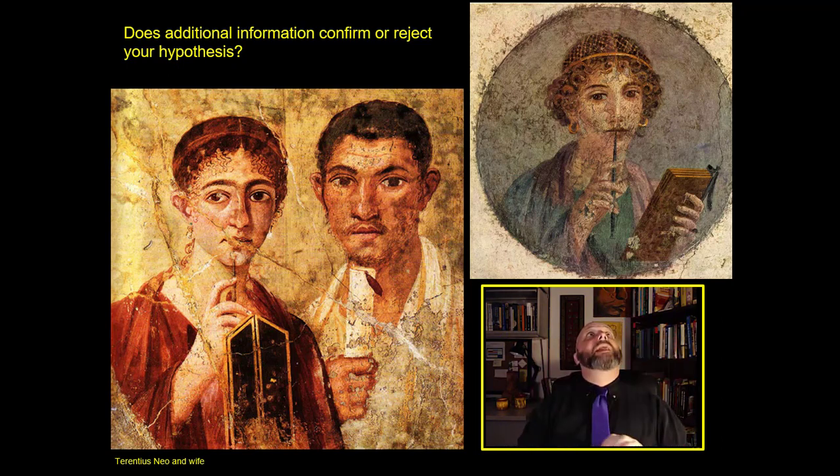Look at the portrait right up above me of this Roman woman. What is being emphasized in her portrait? She is again holding a writing tablet and holding a stylus to her mouth. And she's, of course, emphasizing the fact that she has this really nice hair.